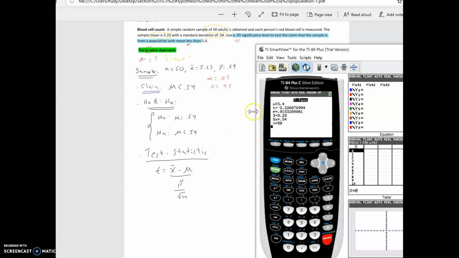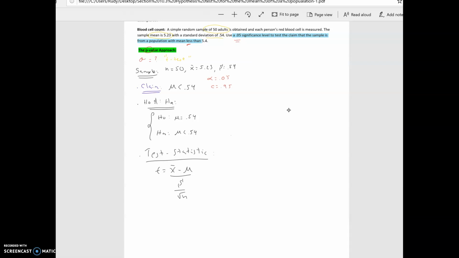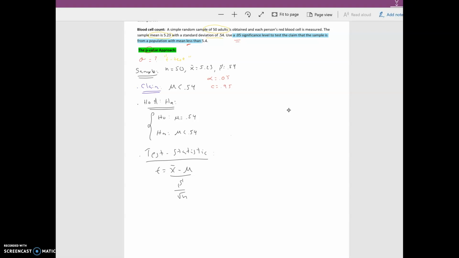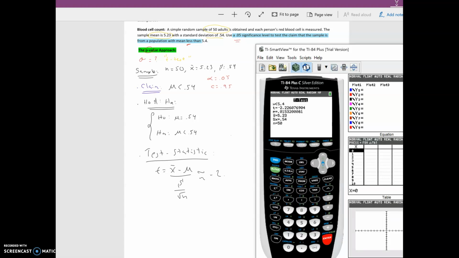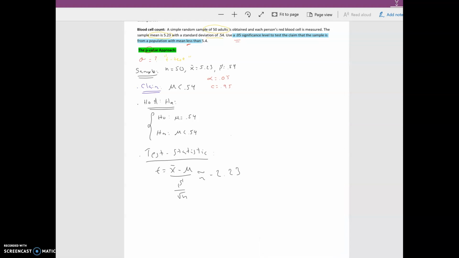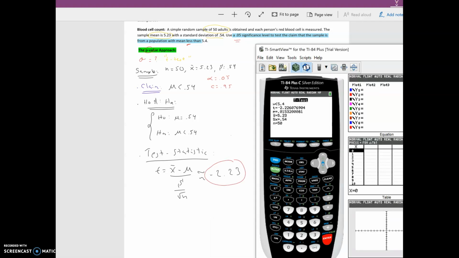Now, the value that you see here, which is t, negative 2.23, I'm going to round to 2 decimal places. That represents the test statistic. So in this case, the test statistic is approximately -2.23. Now, once you show the test statistic, you can go directly to the p-value.